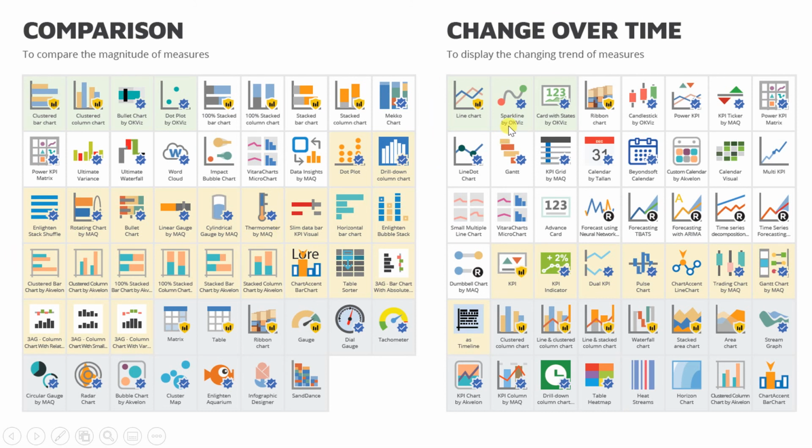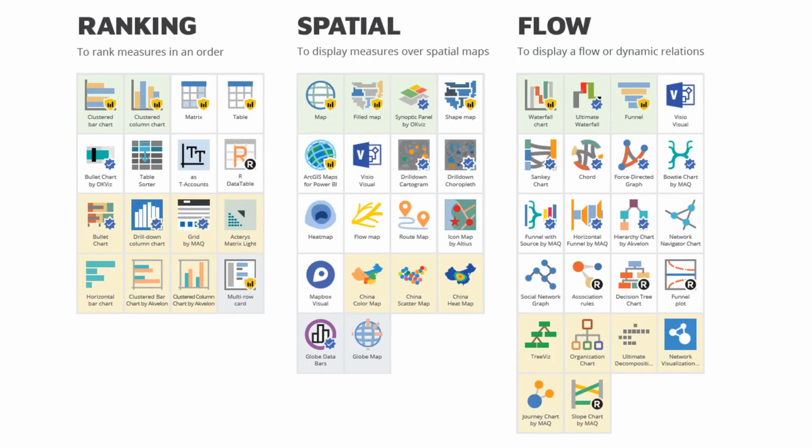Change over time, like I said, when you are looking at trend, always use line charts. Don't use line charts for any other thing apart from trends. And there are several other types of line charts in Power BI that you can use. For ranking, when you are ranking from one order to another, you realize that I use the clustered bar chart. It could rank to show US was the most sold. And spatial, let's say you are doing maps during the elections, you saw a lot of people using spatial maps to show which areas what is.